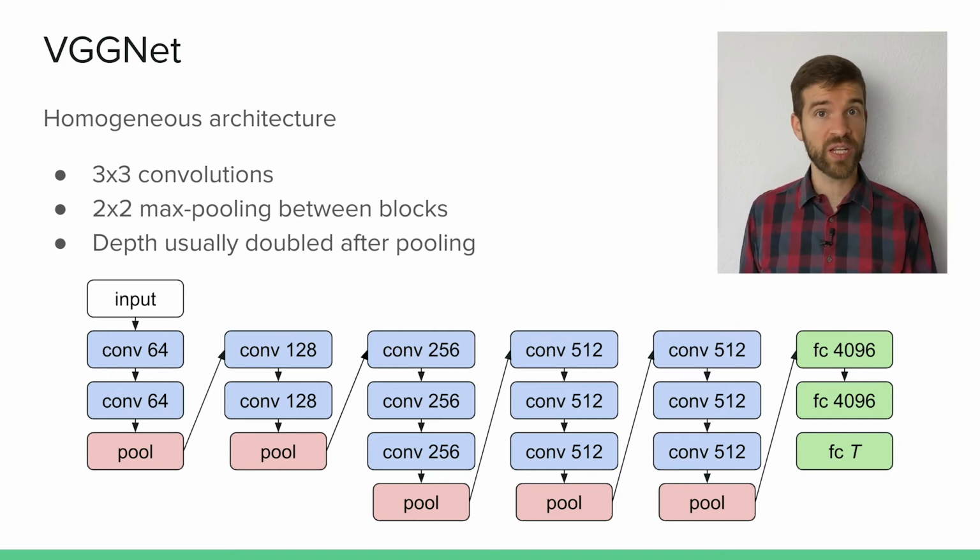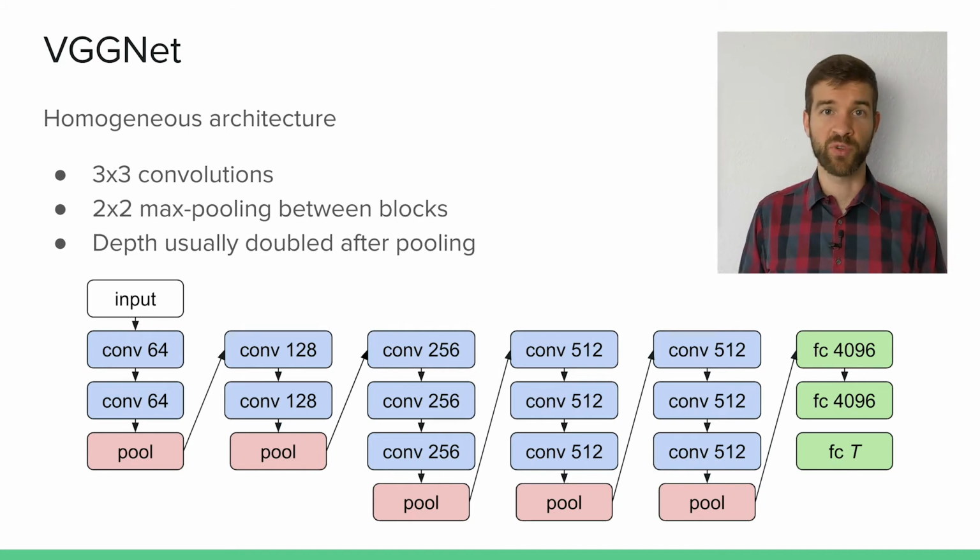Then we have 3 convolutions next to each other that are processed sequentially, and then the pooling. And at the end, we have really large, fully connected layers, 2 layers that have 4096 features as outputs, and then the final layer that has the number of classes as outputs.